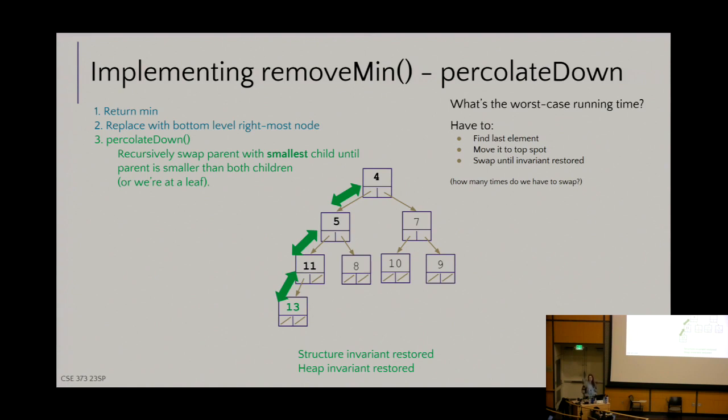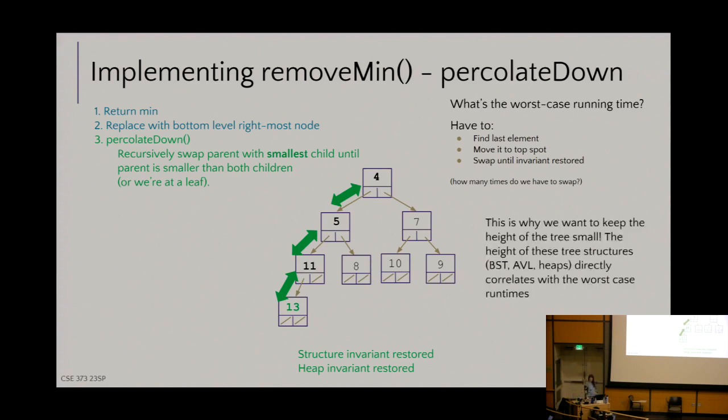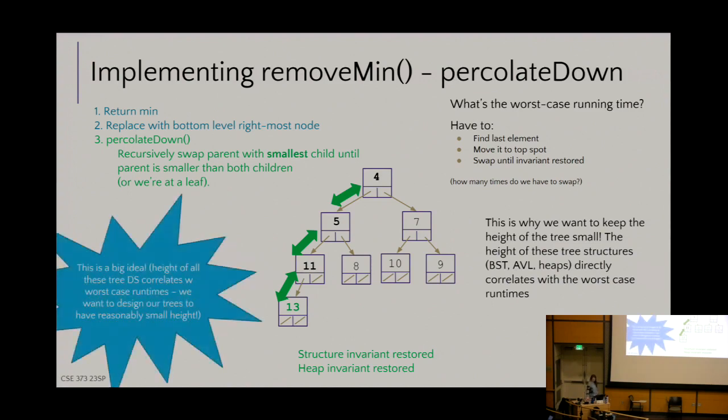And then the percolations at most are going to go through the height of the tree. Even in the worst case scenario where it has to percolate all the way back down, that is at most going to take log n runtime. Yes, thank you, the height of the tree dictates how long these things take. That's why completeness really helps us; we like a dense tree because that keeps the tree short. Okay, great.